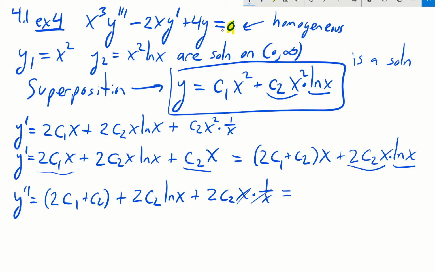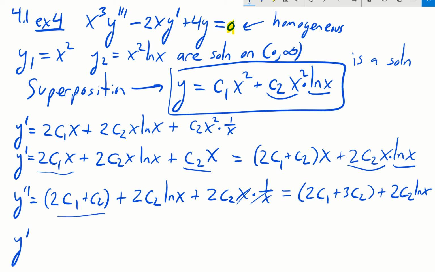These x's will cancel, giving us 2c2, which we can combine with this constant here. So we have 2c1 plus essentially 3 c2s, since we have 2 here and 1 here, plus 2c2 ln of x.